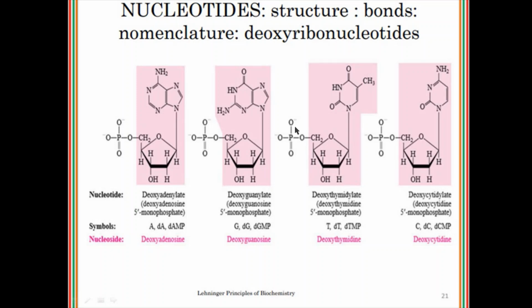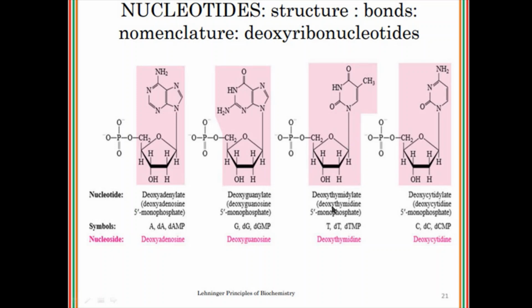So these are just examples of deoxyribonucleotides that can form. You've got this one. So this one has got adenine as a nitrogenous base. So it is known as a deoxyadenosine 5' monophosphate. This one has got guanine as a nitrogenous base. So it is a deoxyguanylate, deoxyguanosine 5' monophosphate.